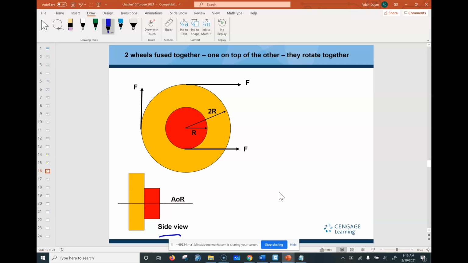So here's how I approach it. I would first be like, okay, that guy's going to want to make it go clockwise, so I'm going to put a little negative. This is going to want to make it rotate clockwise. This one, though, wants to make it go counterclockwise.